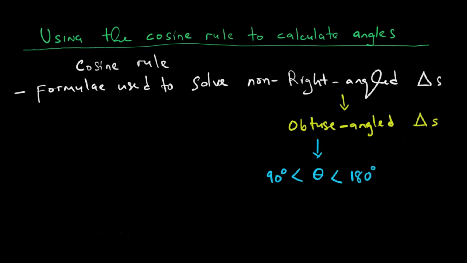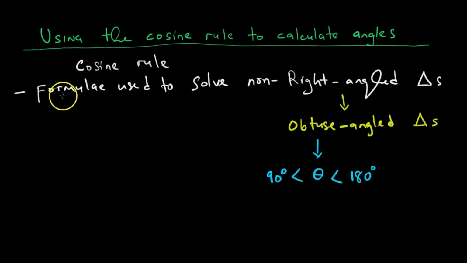Cos theta is equal to, sin theta is equal to, tan theta is equal to. When we come to obtuse angled triangles, or non-right angled triangles, we first discussed what? The sine rule. And in my previous classes, I explained where the sine rule should be applied. Now we are discussing the cosine rule.